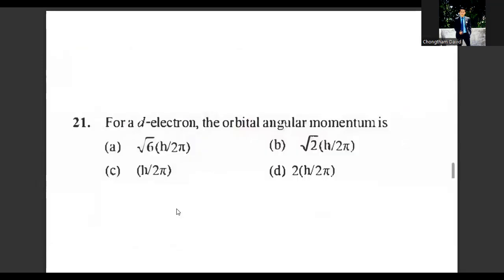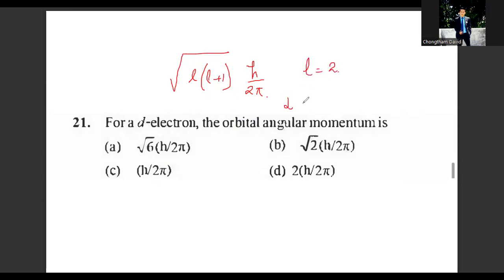Remember this. For a d electron, the expression for the orbital angular momentum is given by root over l(l+1) times h by twice pi. So for d orbital, the azimuthal quantum number l is equal to 2.